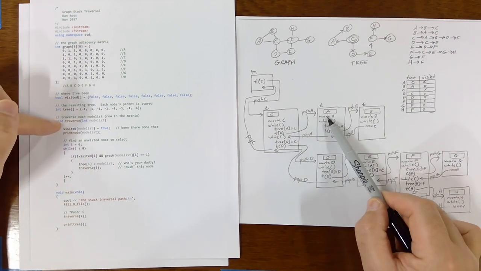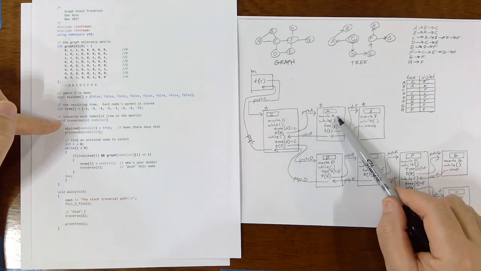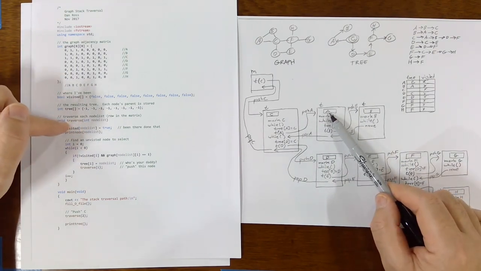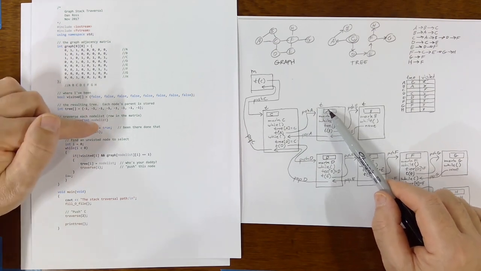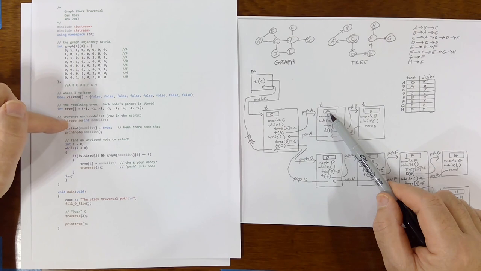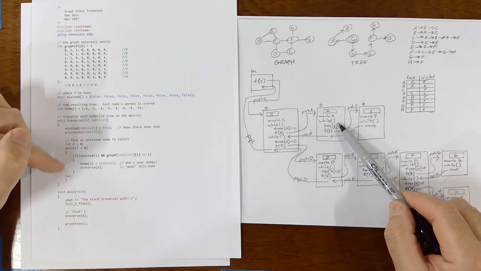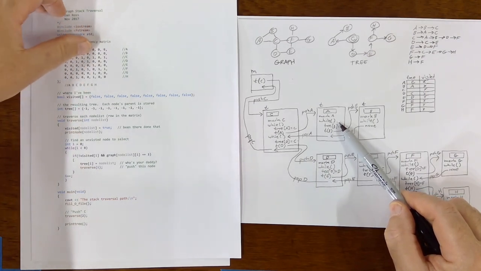Comes back into a new traverse, right? Comes back into this traverse function, but for a brand new instance of traverse. And A is the parameter here. We're traversing A, or we're calling traverse for A, right? So we mark that A has been visited. Then we go into A's list here, looking for an unvisited neighbor.